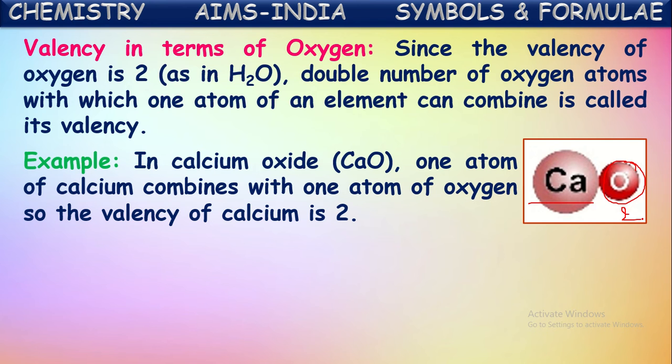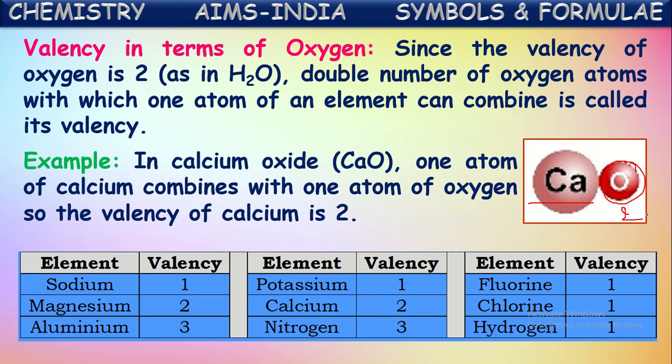So, the valency of calcium is considered as 2. In this way, double the number of oxygen atoms with which one atom of an element is combining is called its valency. So here the calcium atom is combining with one atom of oxygen. If you double it, it becomes 2. So the valency of calcium is considered as 2.